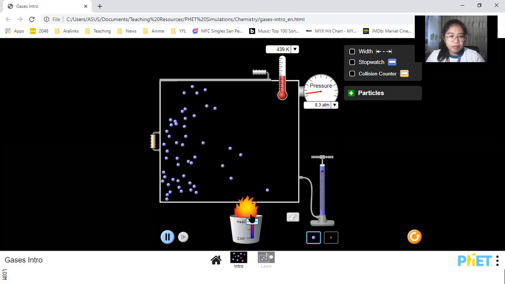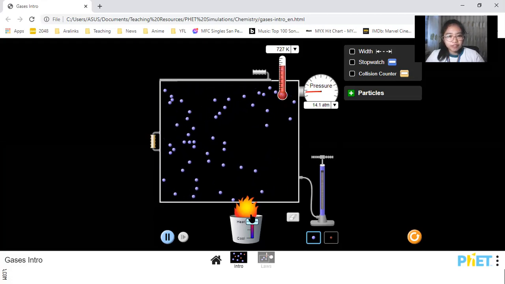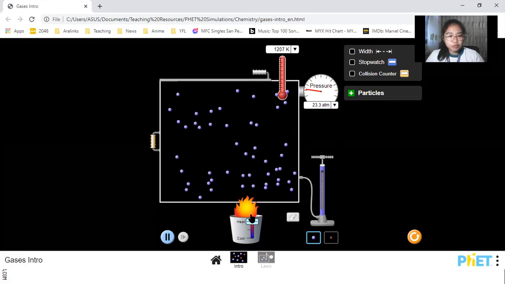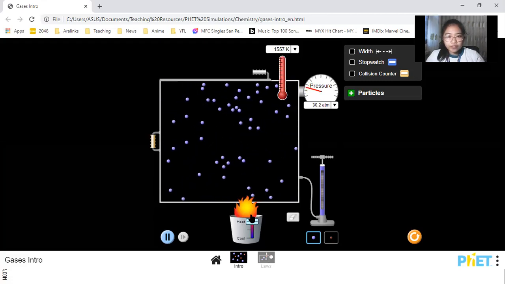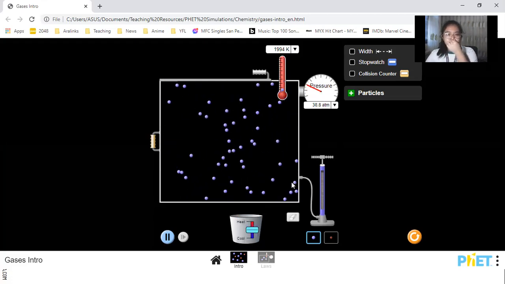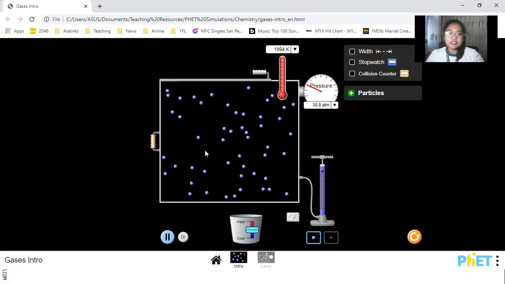Okay. So, kung napapansin nyo, yung direction kung saan papunta yung mga particles natin, iba-iba. Tapos, straight line motion lang sila kung paano gumalaw. Okay? Tama lang. Di ba nga naglagay tayo ng gas sa isang container?